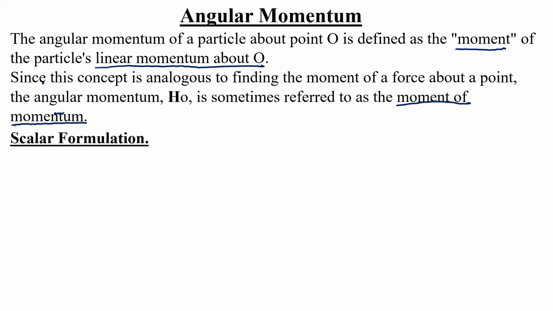So we have two types of formulation for moment of momentum or angular momentum. The first formulation is scalar formulation, and the second formulation is vectoral formulation. The scalar formulation is what we're going to look at first.